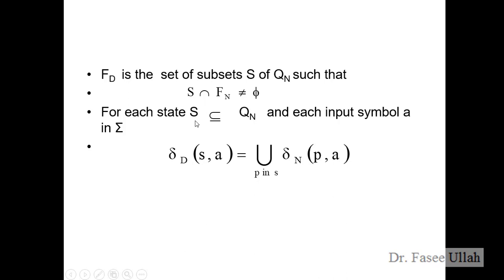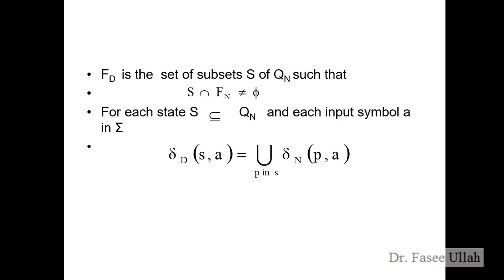Based on the example I will give you: for each state S belonging to Q of N, meaning the total number of states, S is the specific state, right? It could be initial, it could be final, it could be generated on each input symbol in the alphabet, right? So how can we use the form for this?